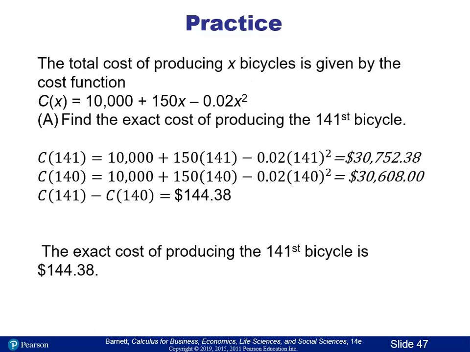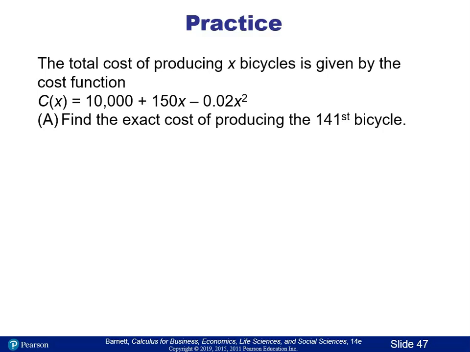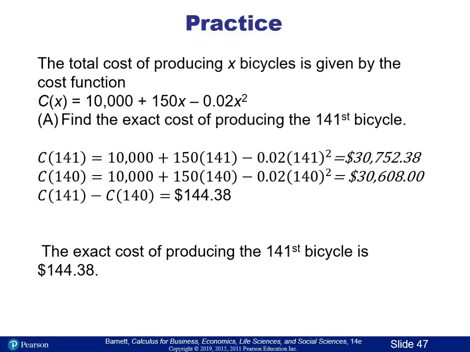We've got another one here you can practice on. The total cost of producing x bicycles is given by this particular cost function. If we want to find the exact cost, we need to find the cost for the 141st bicycle being produced, subtract the cost for the first 140, and we end up with the cost for producing the 141st bicycle.